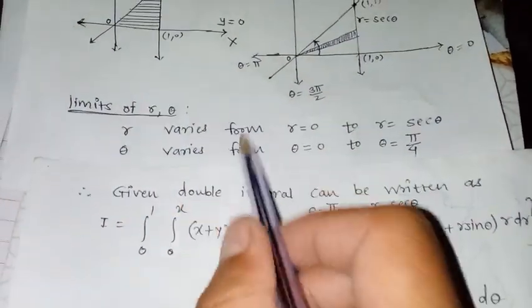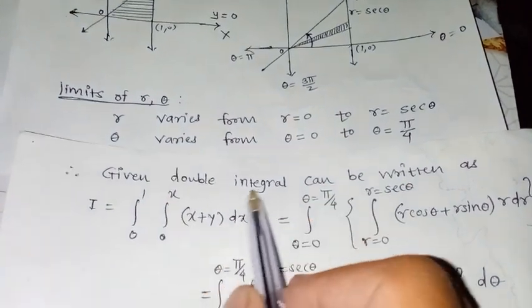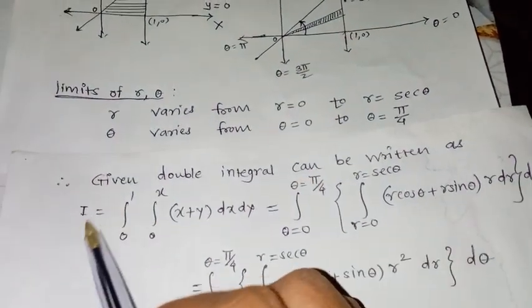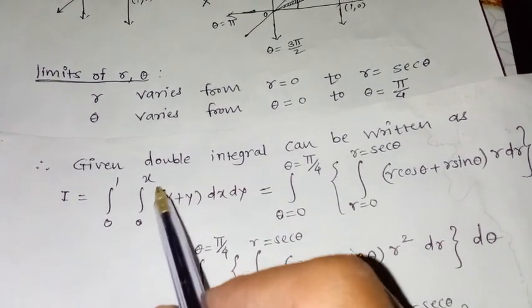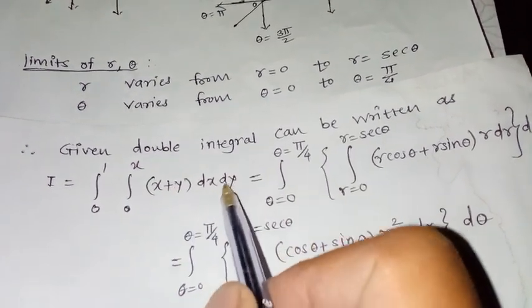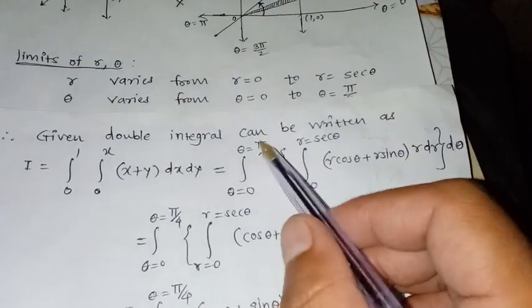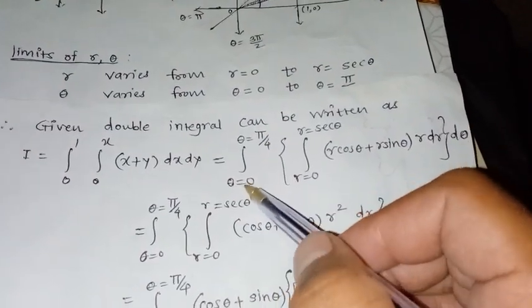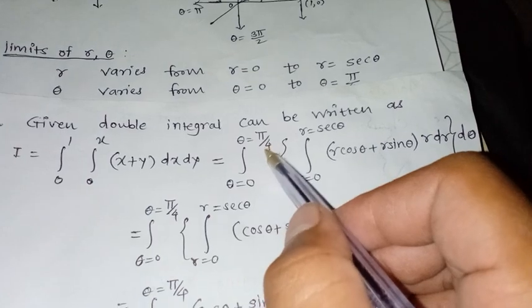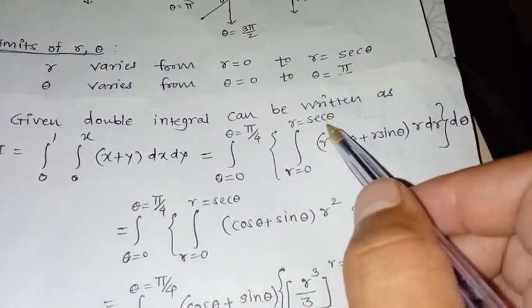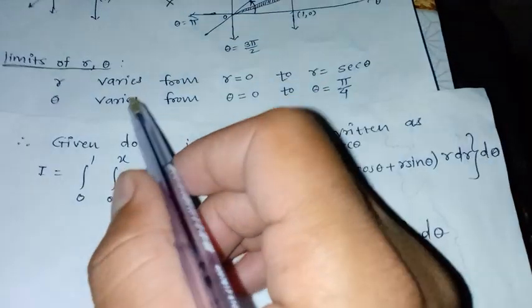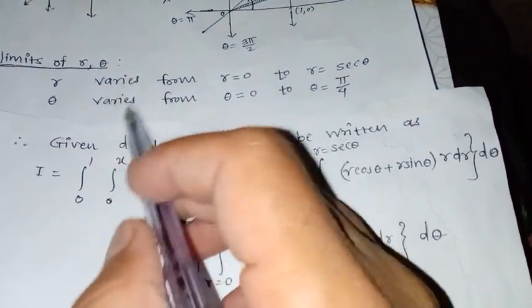Now from those limits we can write our given double integral. Our given integral is I equals the integration from 0 to 1 and 0 to x of x plus y dx dy, equals the integral of theta from 0 to pi by 4, and the other integral is from r equals 0 to r equals sec theta, from our new limits in r and theta.